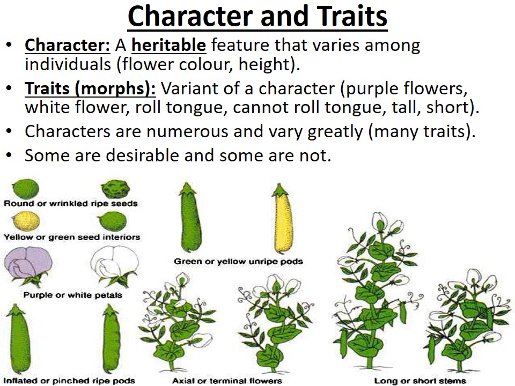So this is a quick little review on the terms character and trait. In this unit, we are going to be talking about mostly heritable traits, which means heritable characters, which means features that can be passed on from generation to generation. For example, you might see flower color or height, or the shape of the peas.